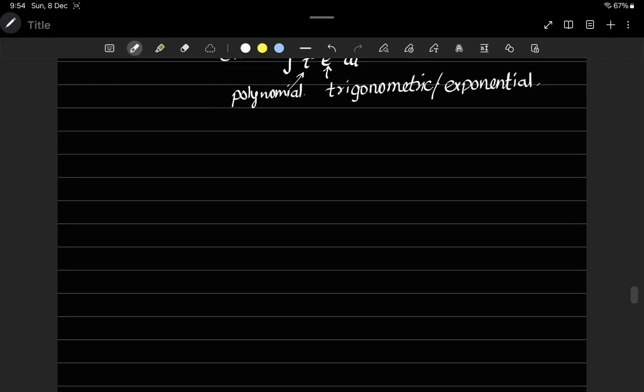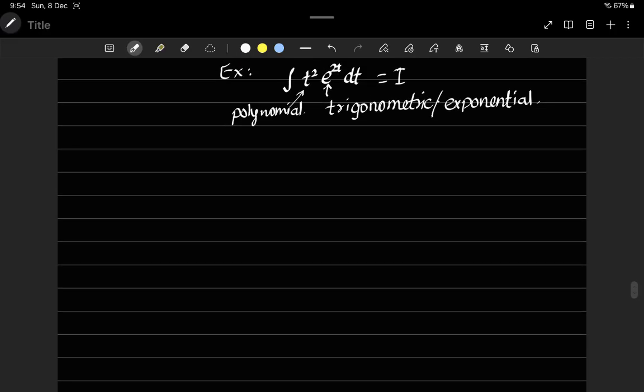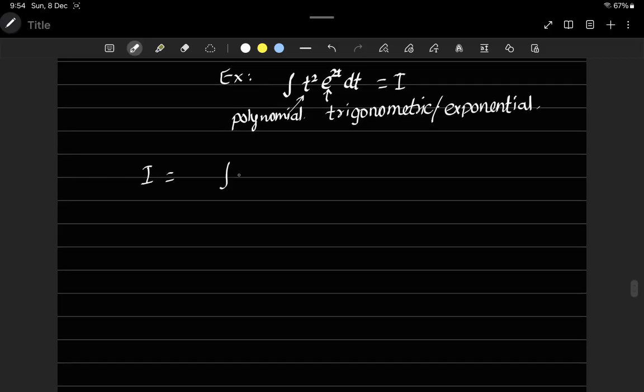So how to solve this? Let's call this integral I. So I is equal to the integral of t square e to the power 2t dt. Again we need to use the ILATE rule. Notice that there is no inverse trigonometric function and no logarithmic function.